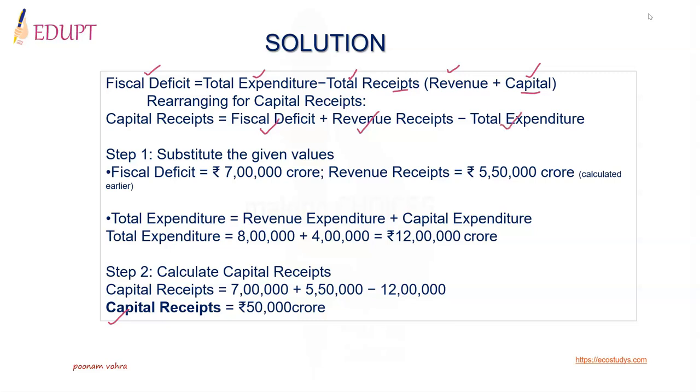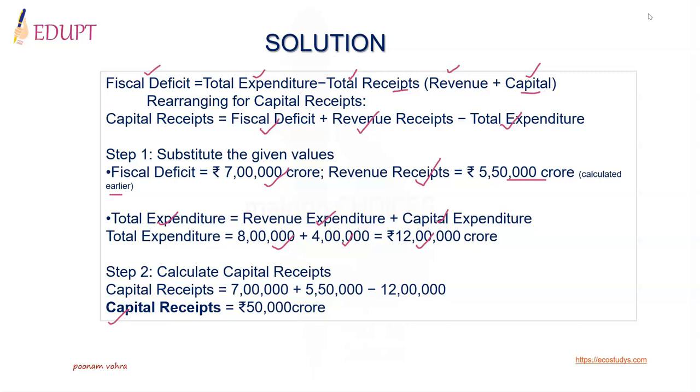Substituting the given values for fiscal deficit, one can find total expenditure as 7 lakhs and revenue receipts is 5 lakhs 50,000, which we have just calculated. Now we need to find total expenditure. Total expenditure is revenue expenditure plus capital expenditure, which is 8 lakh crores plus 4 lakh crores, it is 12 lakh crores of rupees.